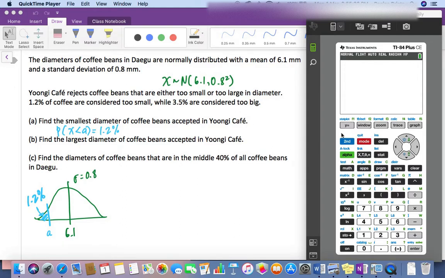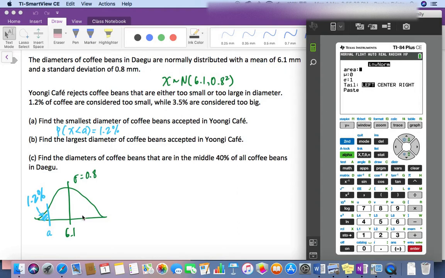In my calculator, I'm going to press second function vars, which gives me the distribution menu, and I choose option 3 for inverse normal. There are three options for the area that we provide.